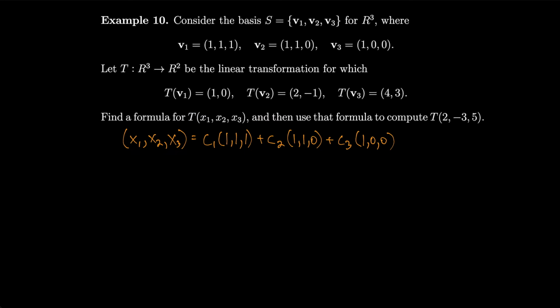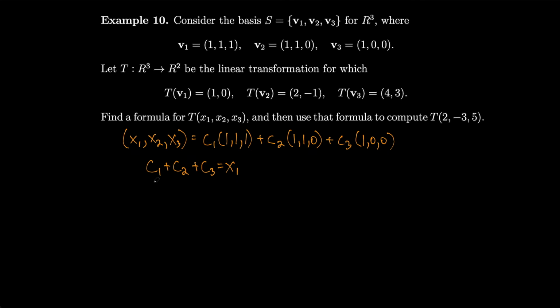So by just taking equalities here, we have x1 is equal to C1 times 1 plus C2 times 1 plus C3 times 1, right? We're just adding up the first components. So I have C1 plus C2 plus C3 has to be equal to x1. Okay, how about for x2? We have C1 times 1, C2 times 1, C3 times 0, so there's no C3 for x2.